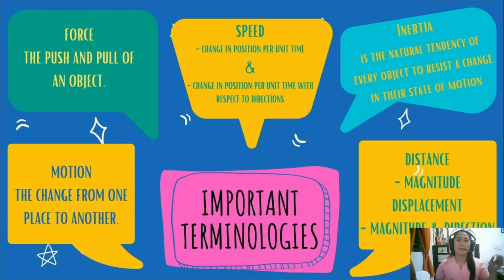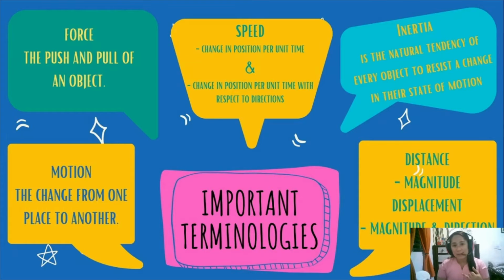So, when we say speed, that is a scalar quantity. It only refers to the magnitude, while velocity is a vector quantity which refers to both magnitude and direction. Also, in our last video, we discussed the different terminologies such as distance and displacement.